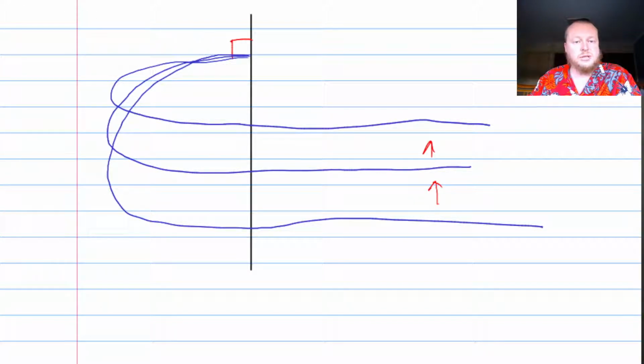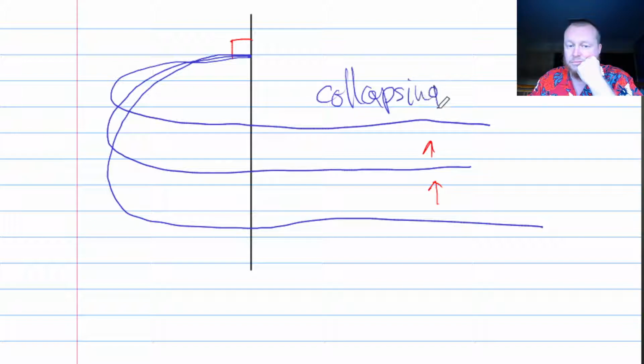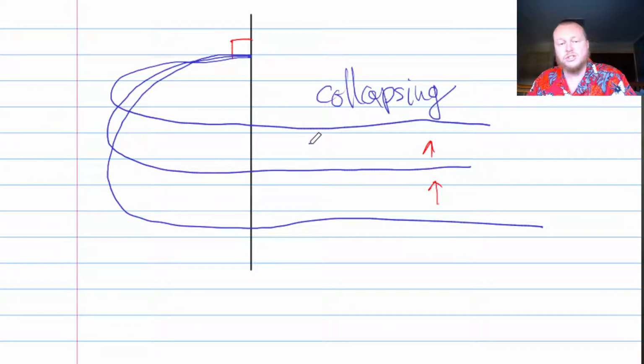Okay, and then in the limit, it could still converge to a point, but it does so in a, let's say, a type 2 way, in a bad way. This would be collapsing, because you're losing a dimension.